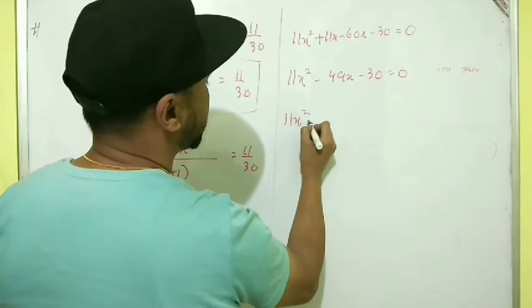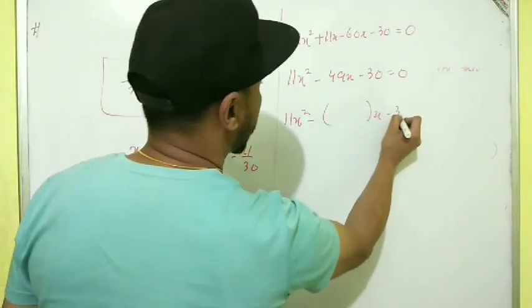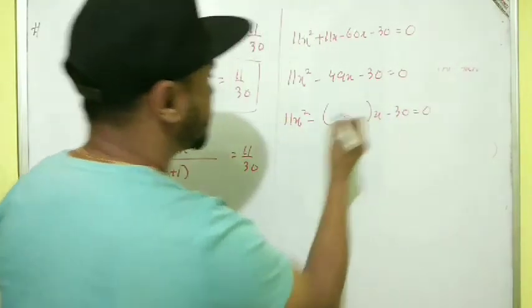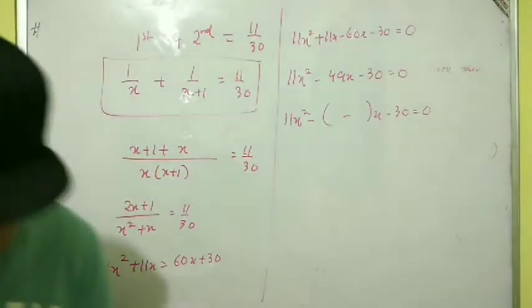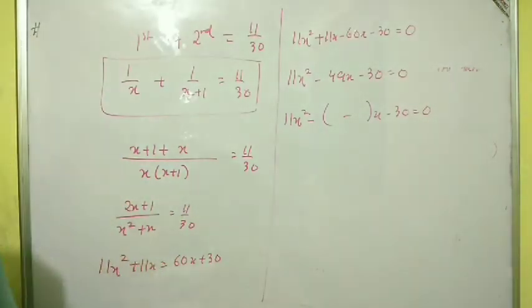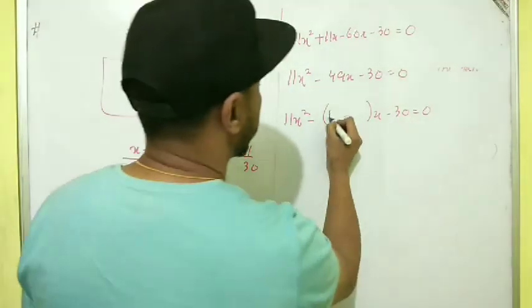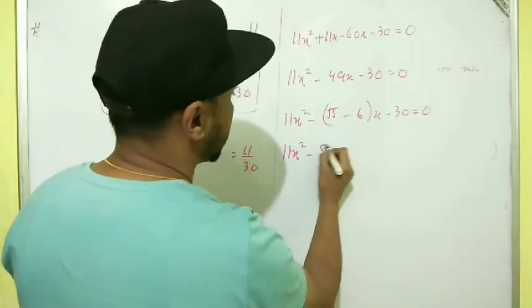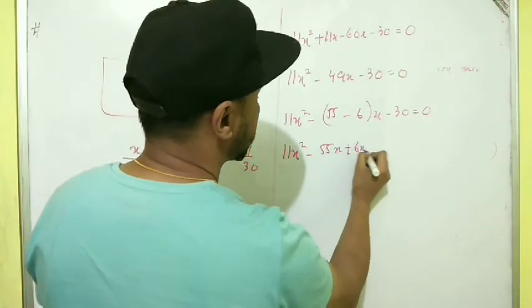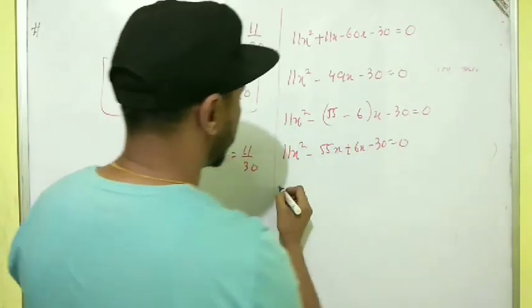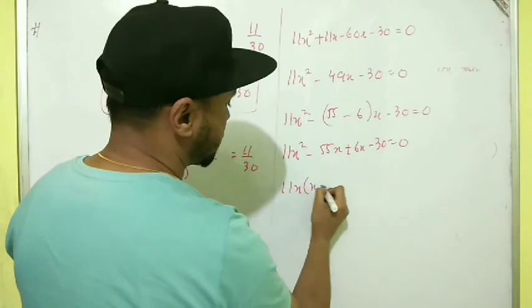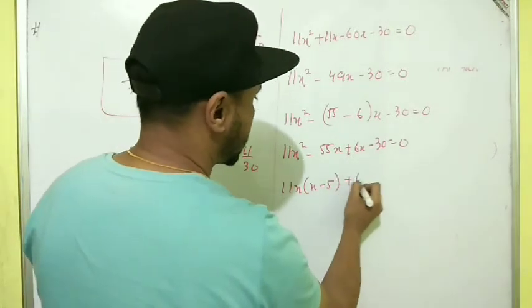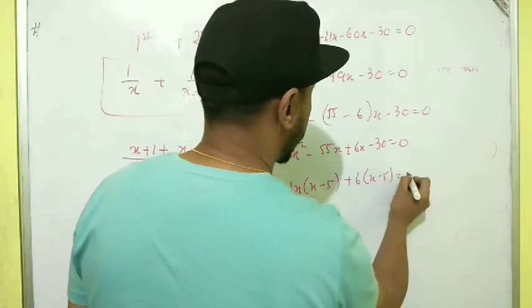If you break the middle term, here you can also use the Sridhar formula. So this will be 55 minus 6. So 11x square minus 55x plus 6x minus 30 is equal to 0. So 11x is common, x minus 5 plus 6 times x minus 5.